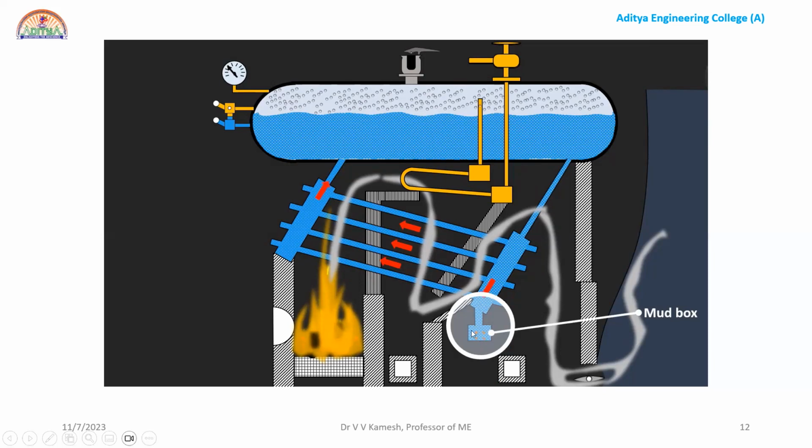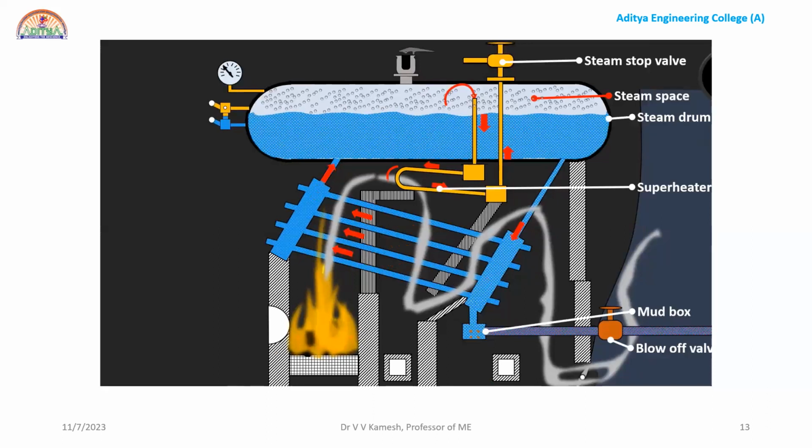As periodic maintenance, we need to open the mud box and let it go out. Right. So in the boiler drum, we see the water space and steam space. The water is in blue color and steam is shown with bubbles. Now at the bottom, the mud box is there and the impurities will be drained by the blow-off cock.